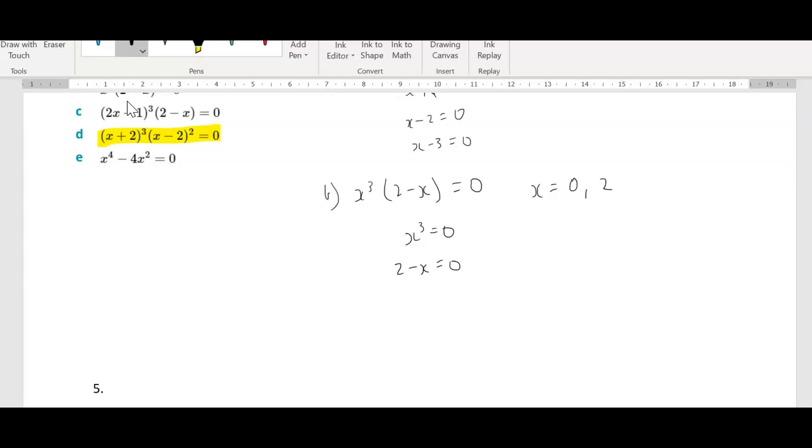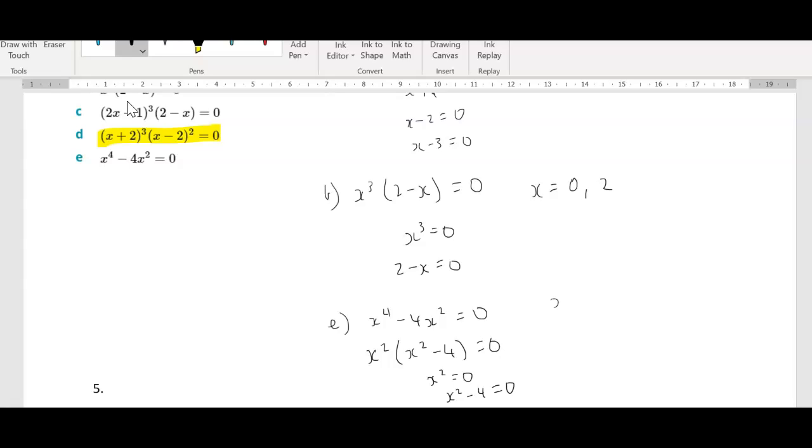All right, question E. We've got x to the power of 4 minus 4x squared equals 0. So we can take out a common factor here, which is x squared, and we're left with x squared minus 4. So that means x squared equals 0, or x squared minus 4 equals 0.